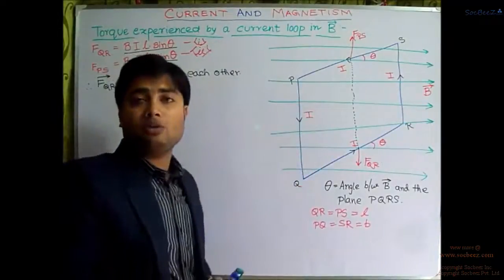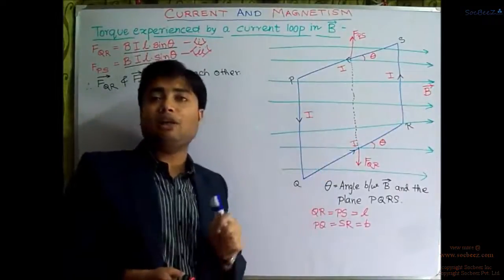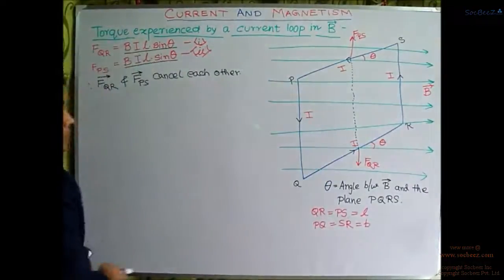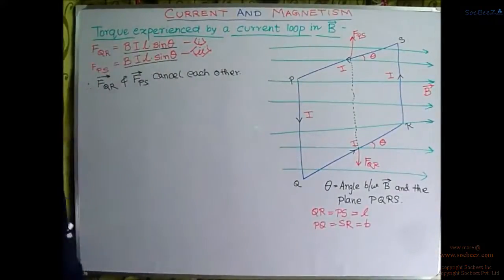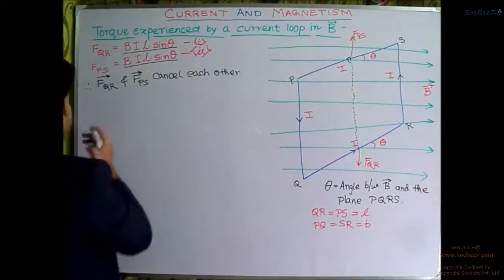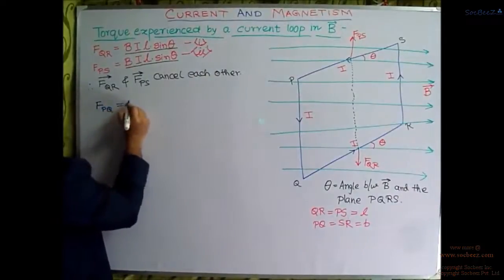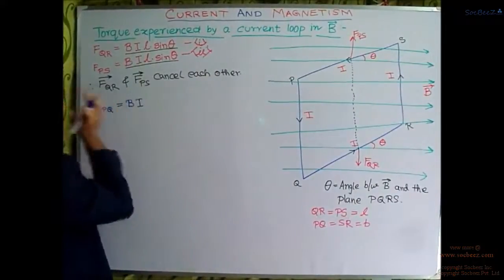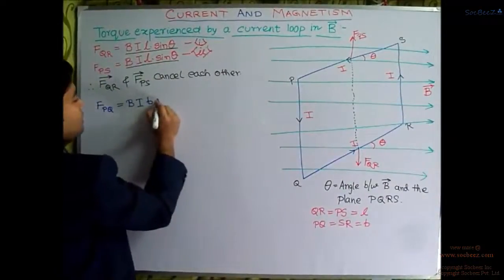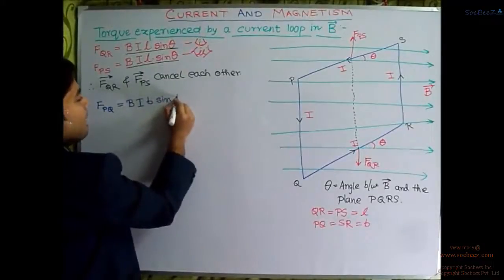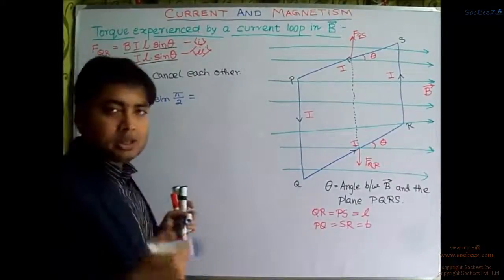As we need to find the angle between the length and B, as indicated by the Lorentz magnetic force, we can write the force for PQ as simply equal to BI, the length of PQ is equal to small b, sine of pi by 2, and the value of sine of pi by 2 is simply 1.